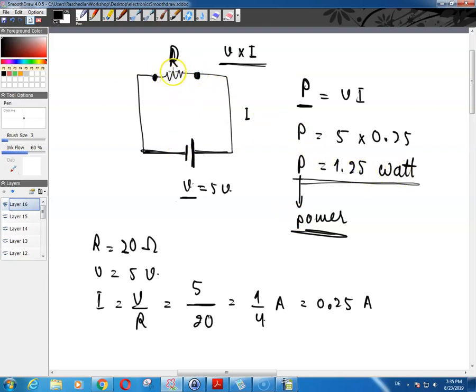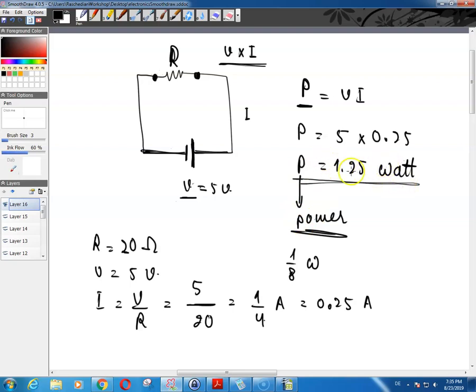Now if you put a resistor over here, if you use for example a 1/8 watt resistor, which is a very tiny resistor, it would burn in probably 10 seconds or so, because it would get hot and it would simply fry and burn.